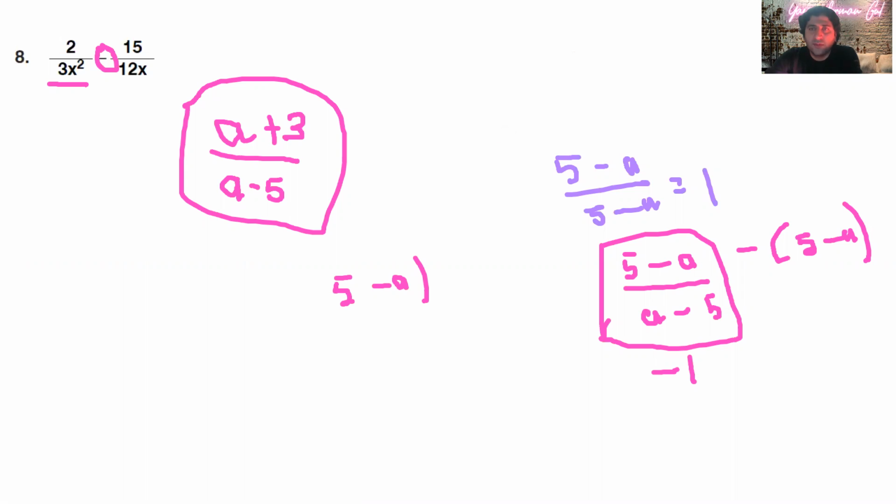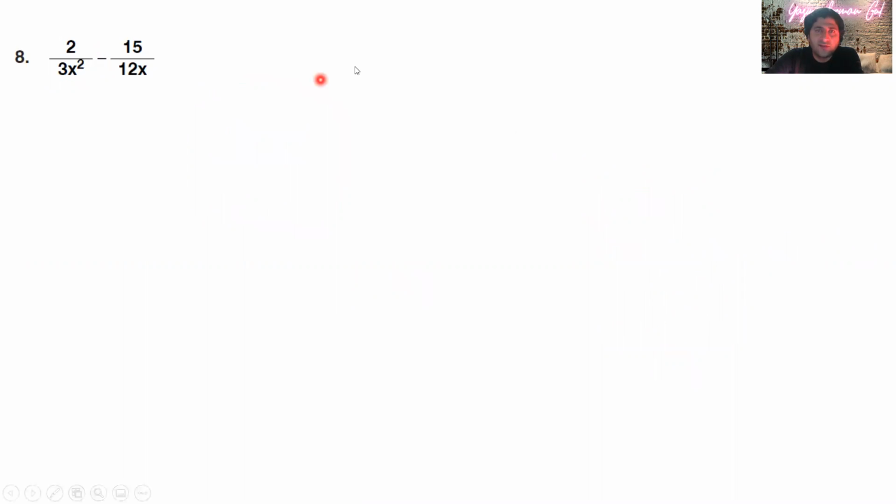Okay, question 8. Let's see what is happening here. I have 3x to the power of 2 here in the denominator, and here I have 12x. And then in the numerator part I have 2 and 15. So when I look at this, I need to figure out what the common factor is here.